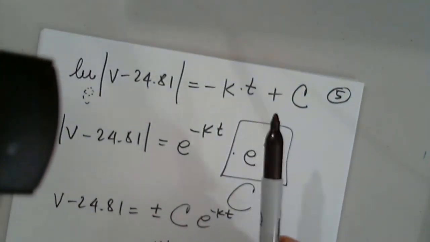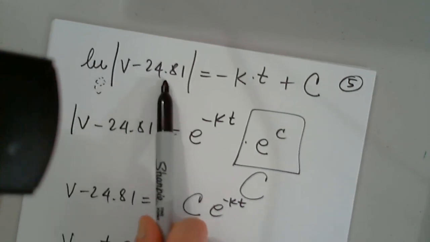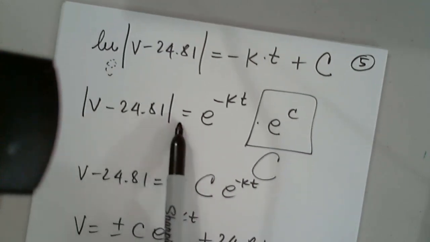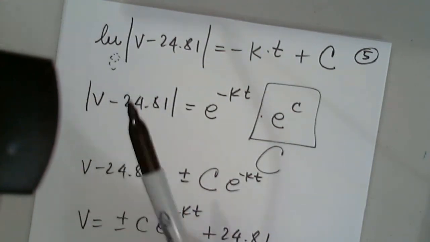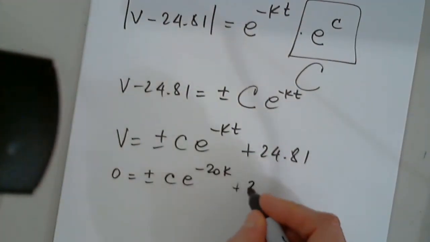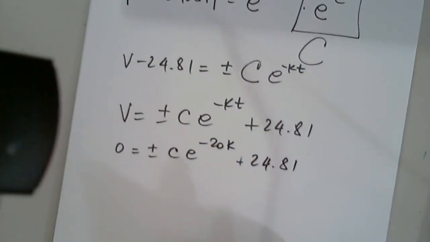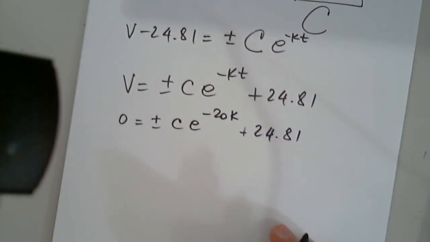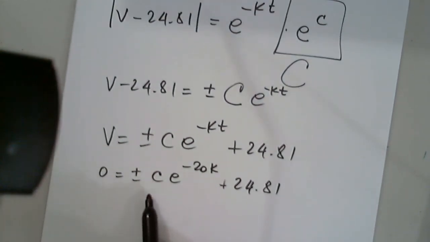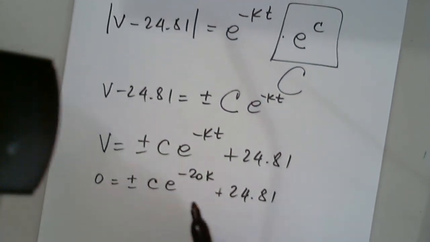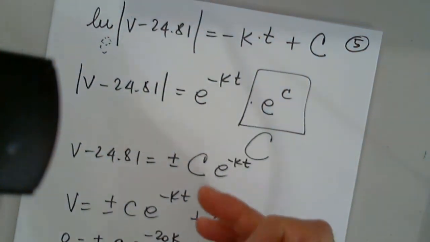We could have determined c from here. That's even better than from here. So I don't have to have that plus or minus. Okay, so I should have done that.